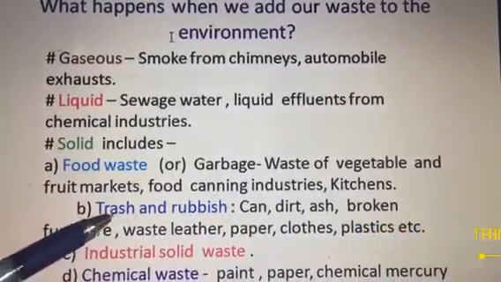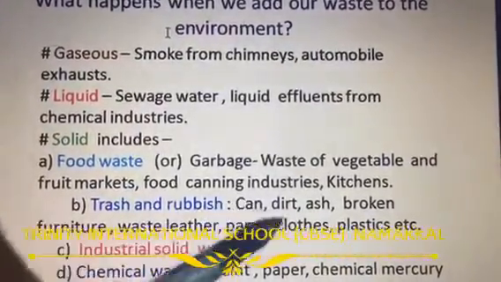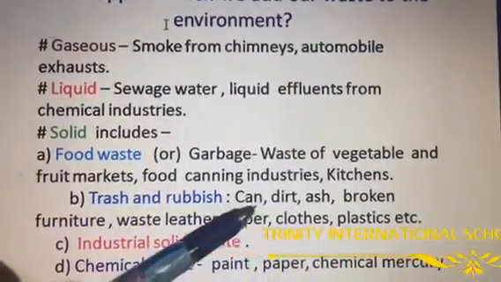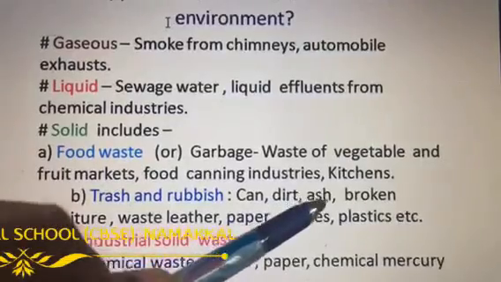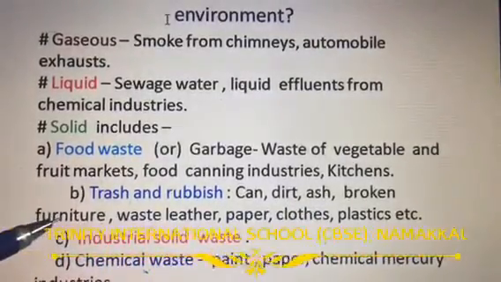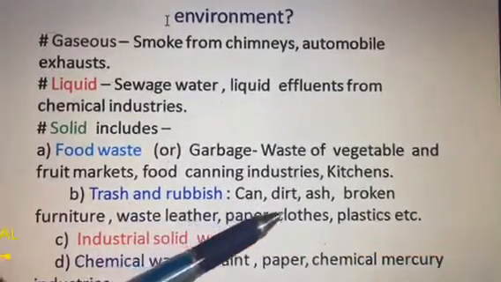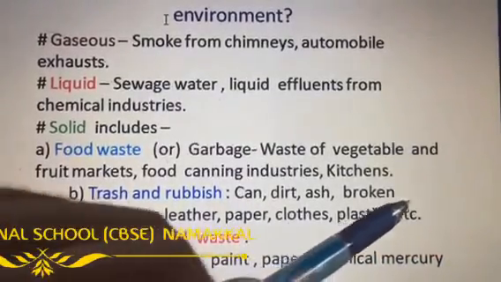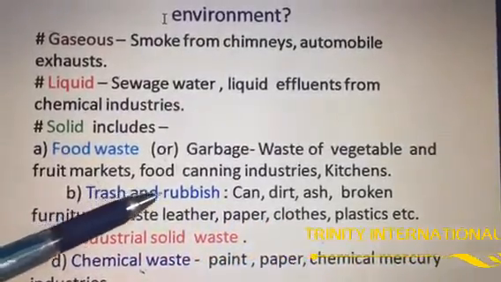Next, trash and rubbish: cans, dirt, ash, broken furniture, waste leather, papers, clothes, plastics, etc. These are considered trash and rubbish.